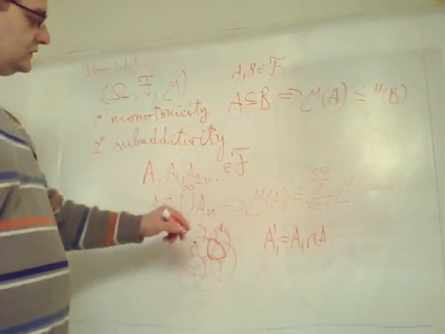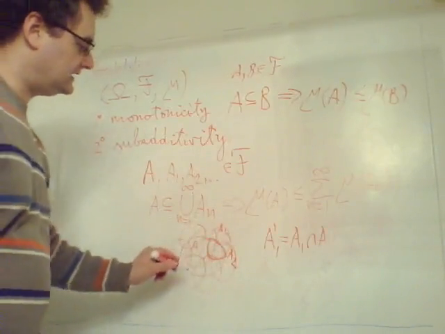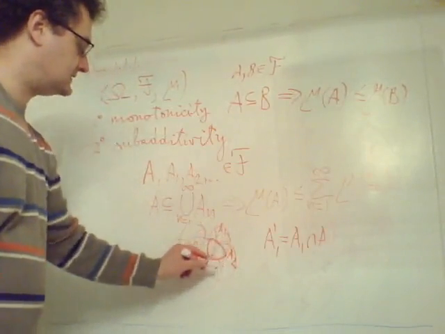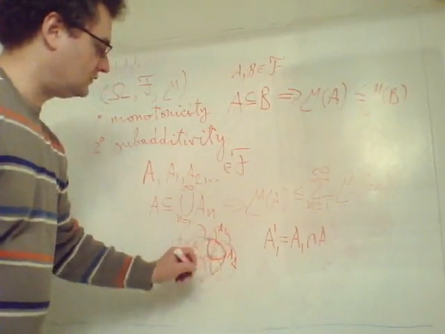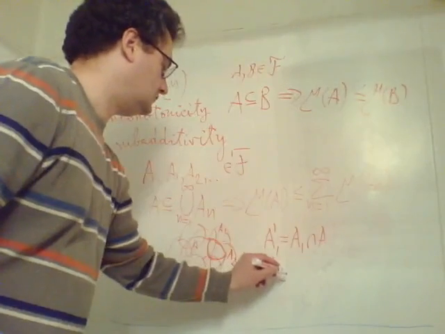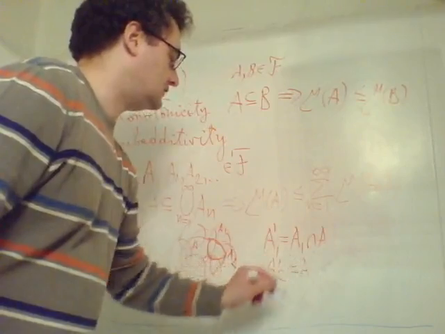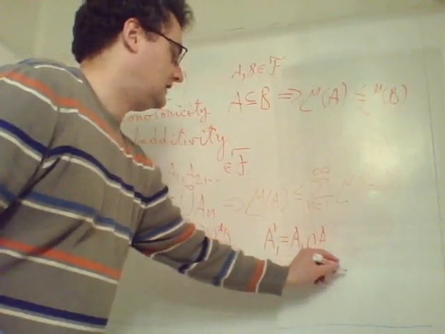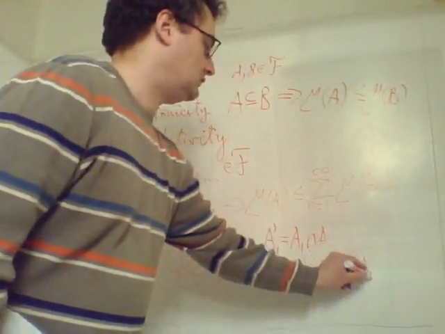Now we want to add the contribution of A2 in the covering of A. So it's going to be not the entire intersection of A2 with A, but just that part which is not already contained in this previous set. So A2 prime is defined as A2 intersected with A, but then we take out A1 prime.